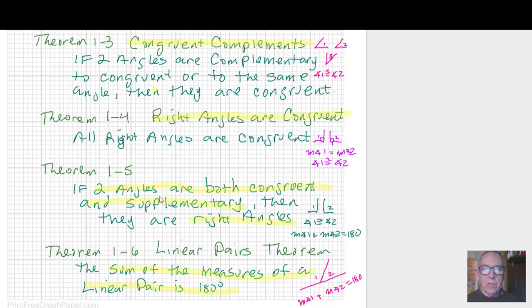You'll get a printout of this, and hopefully you will add to it as we go through the other theorems. There are more theorems coming. So we want to kind of keep these in order. Another thing we could have done would be to put the page number in our book that the theorem occurs on, like in case we need to refer back to it. I took these off the presentation page, so I didn't have the actual page numbers from the book.